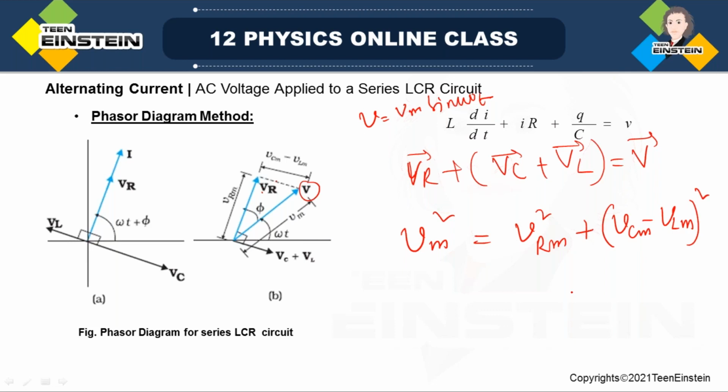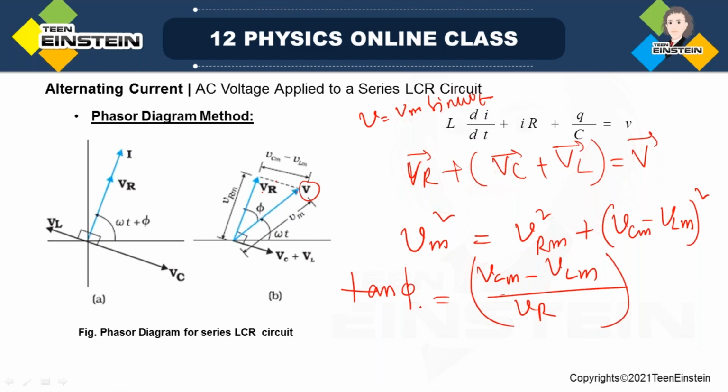Okay, and in this case, the resultant vector V is making an angle phi with R. So we can write tan phi is equal to Vcm minus Vlm divided by Vrm. This is what we can write as tan phi.